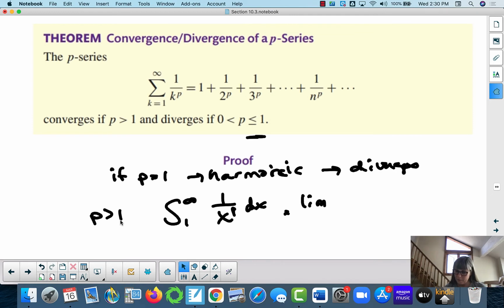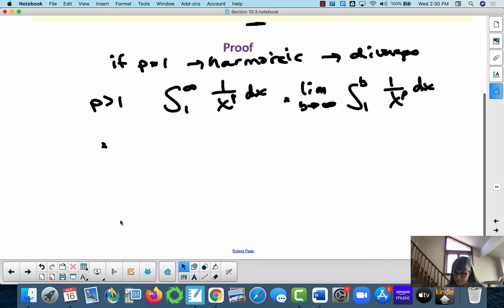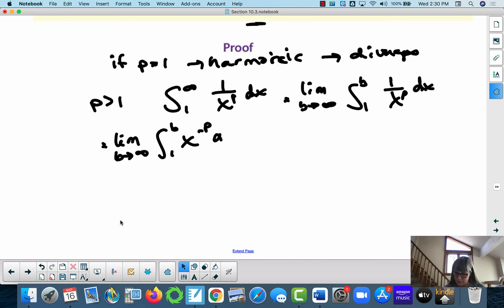So that's the limit as b approaches infinity, integral from 1 to b. Well, that's the same thing as the limit as b approaches infinity, integral from 1 to b of x to the negative p. So we're going to use the power rule to evaluate this.